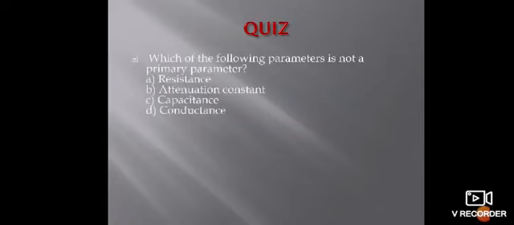Which of the following parameters is not a primary parameter? The first option is resistance, the second option is attenuation constant, the third option is capacitance, and the fourth option is conductance. So please note this question.